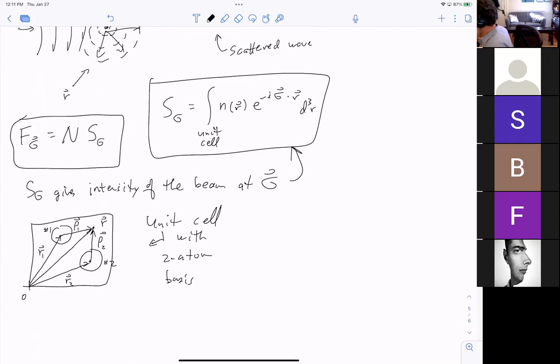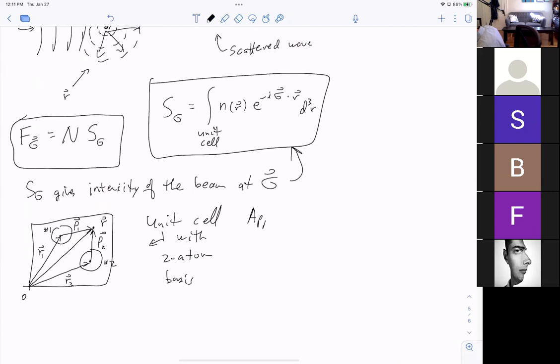So I can consider the electron density separately from the different atoms in the unit cell.